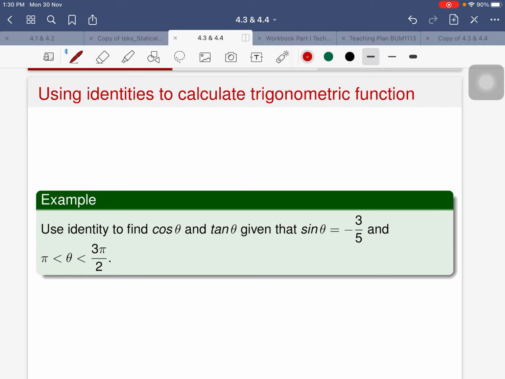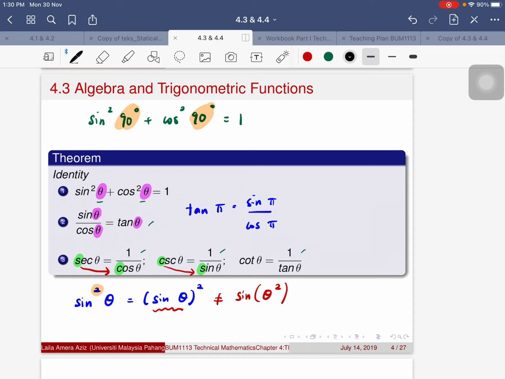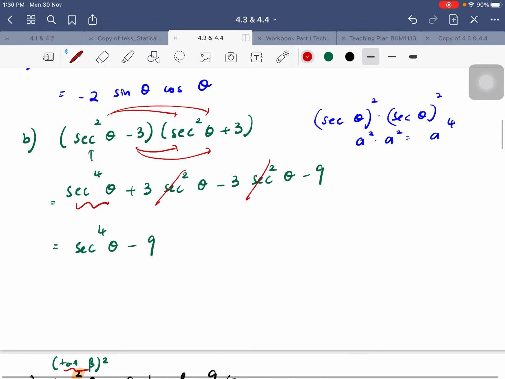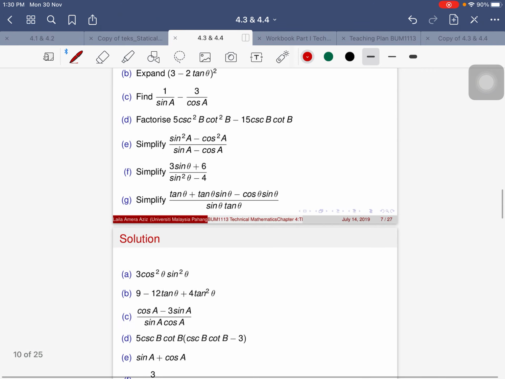We are being given a value of sine, and we need a formula that relates sine to cos. Looking at these three identities, the one that relates sine and cos is this one: sine square theta plus cos square theta equals 1. That is the identity I'm going to apply for this example.